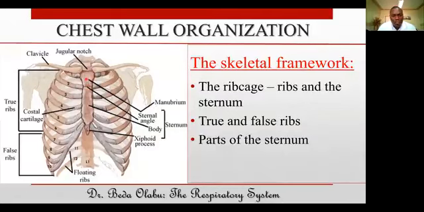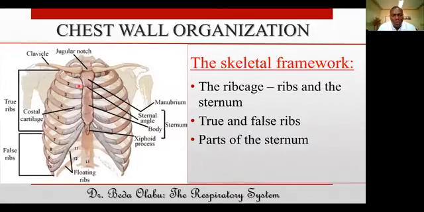For the sternum, you remember we mentioned that the sternum has 3 parts. From here to somewhere, there is the manubrium of the sternum. From there to somewhere, there is the body of the sternum. And this lower end of the sternum is called the xiphoid process of the sternum. The sternal angle is a junction between the manubrium and the body of the sternum.